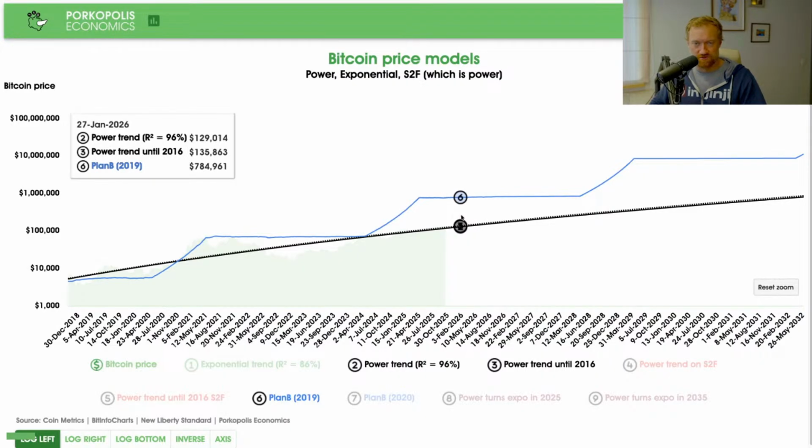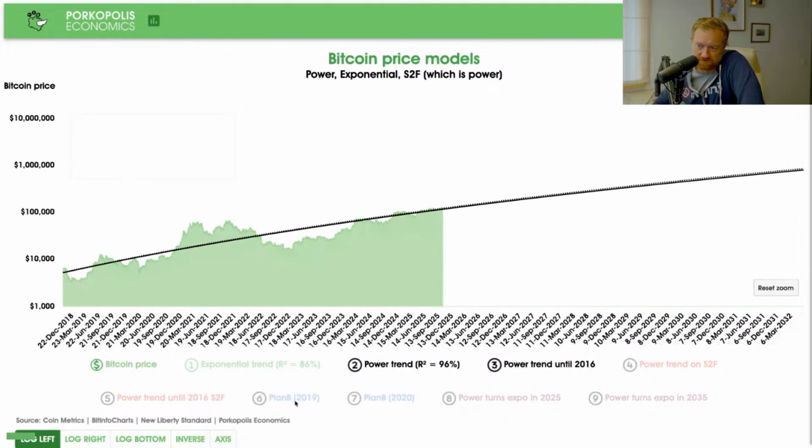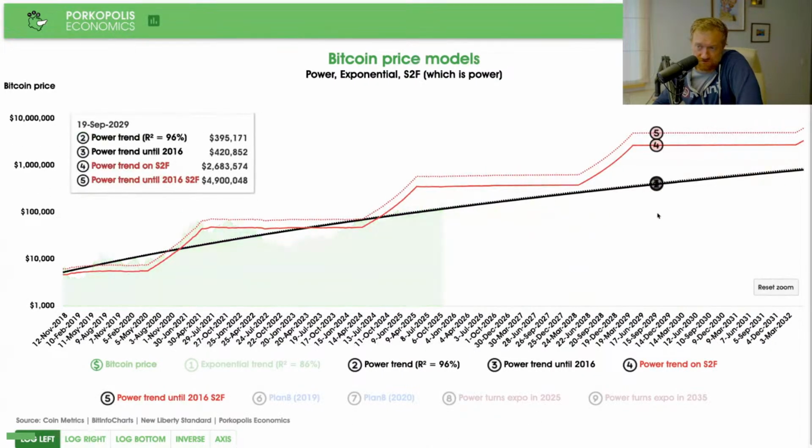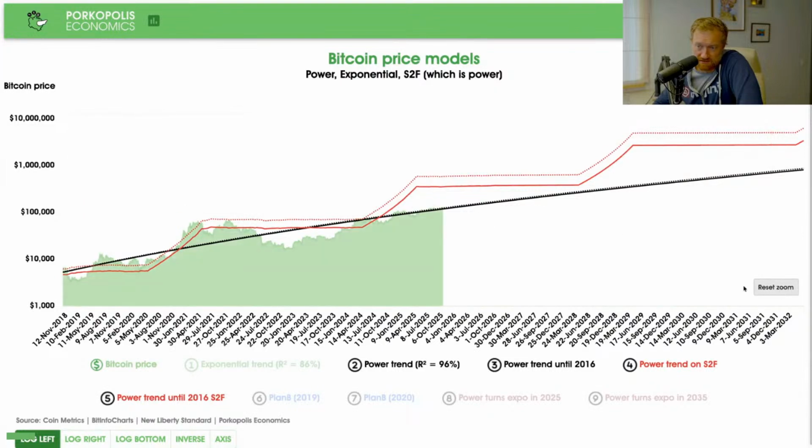Remember, my numbers are 2 to 3x the power trend. Power trend's 125. That's 250 to 375. Absolute max, and probably too optimistic. Anyway, those go away. And then let's look at if you just use stock to flow data, which is what I'm doing here.